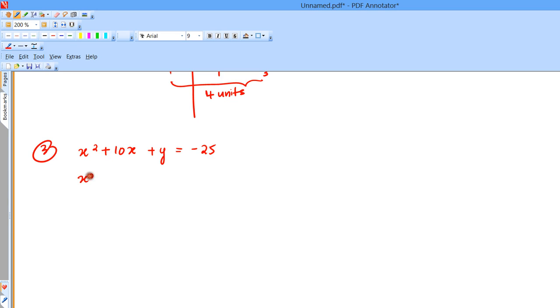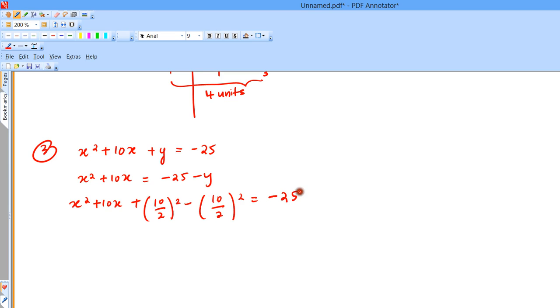So we have x squared plus 10x equal to -25 minus y. x squared plus 10x plus (10 over 2) squared minus (10 over 2) squared equal to -25 minus y.